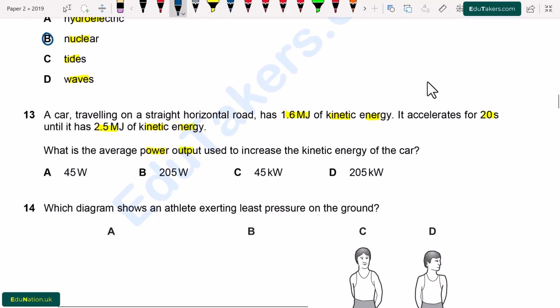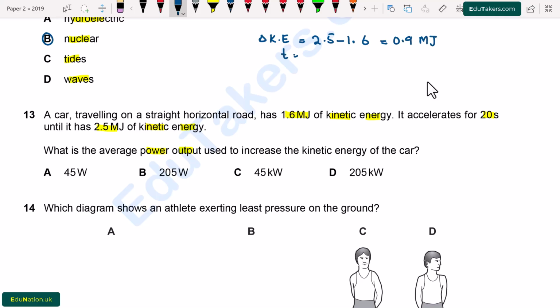In this case, the average power output will be equal to the increase in kinetic energy divided by time. First of all, the change in kinetic energy is the final kinetic energy minus the initial, which is 2.5 minus 1.6. It is equal to 0.9 megajoule.